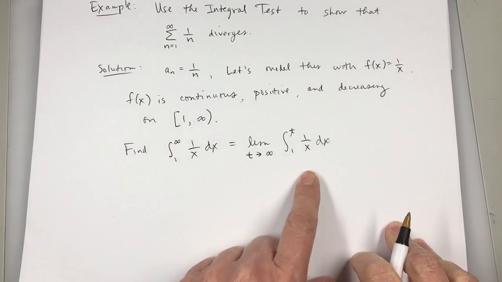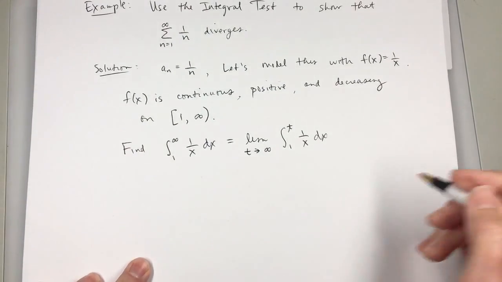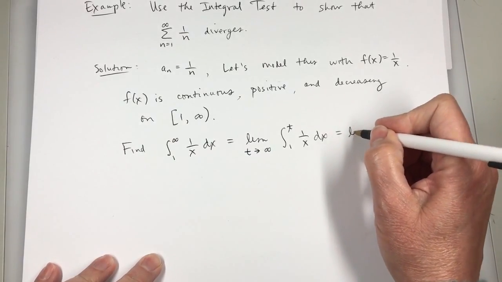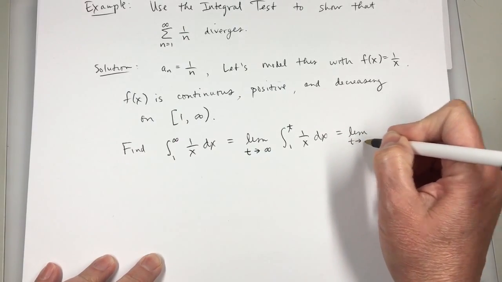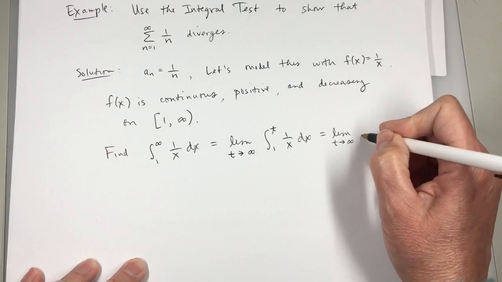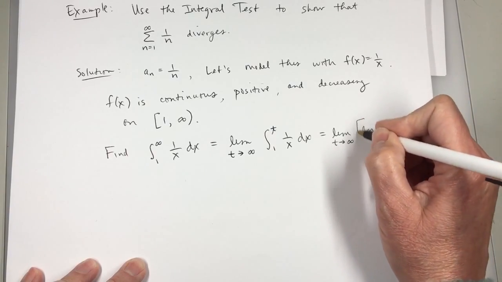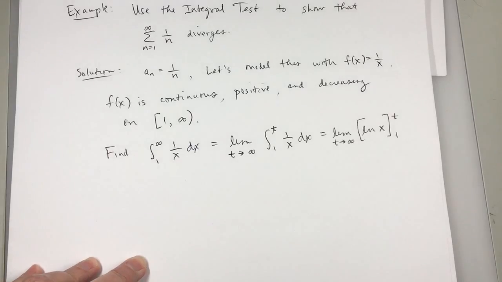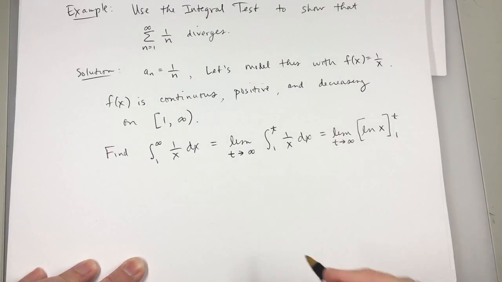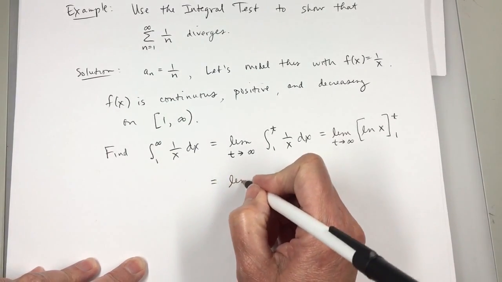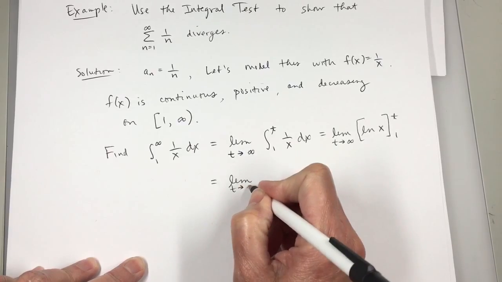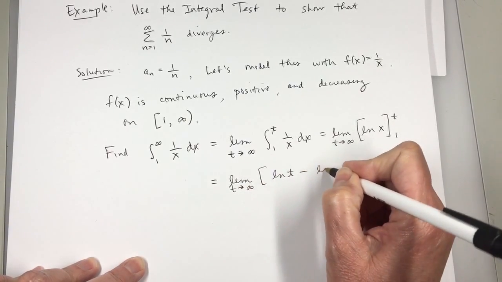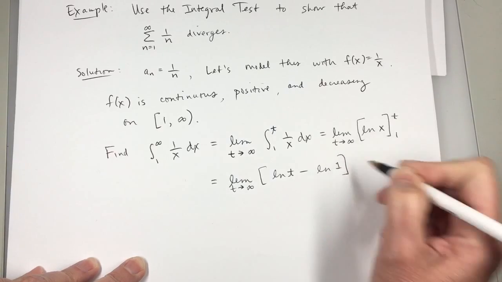What's the antiderivative of 1 over x dx? Natural log. So this would be the limit as t approaches infinity of the natural log of x from 1 to t. I will plug in the t. Let me write limit t approaches infinity of the natural log of t minus the natural log of 1.